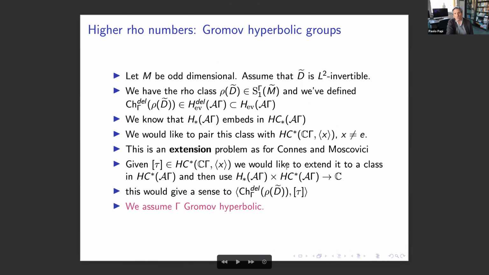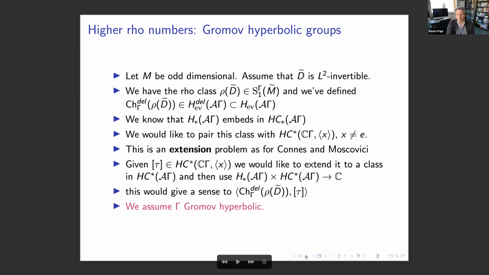This would make sense of this delocalized Chen character of the rho class paired with this delocalized class. In order to do that, as in the fundamental paper by Connes and Moscovici, you have to assume that gamma is Gromov hyperbolic, or of polynomial growth, but anyway, it's very unclear how to do it in general.